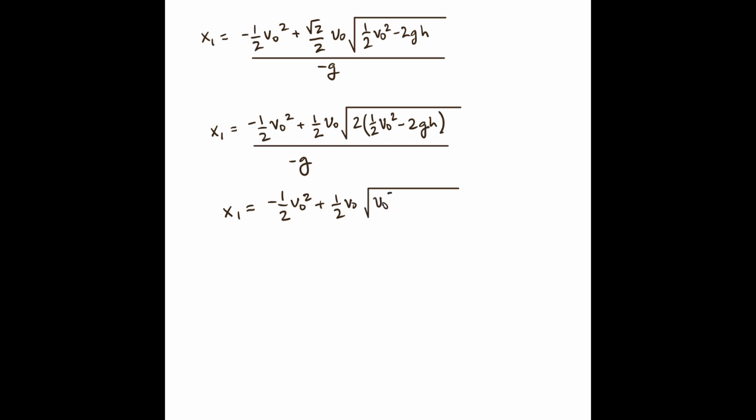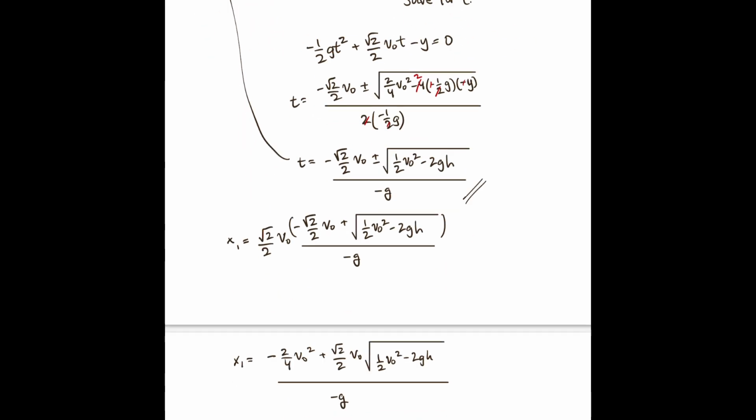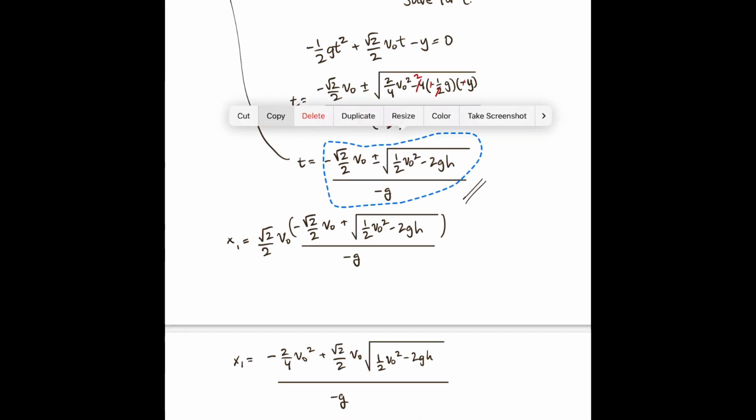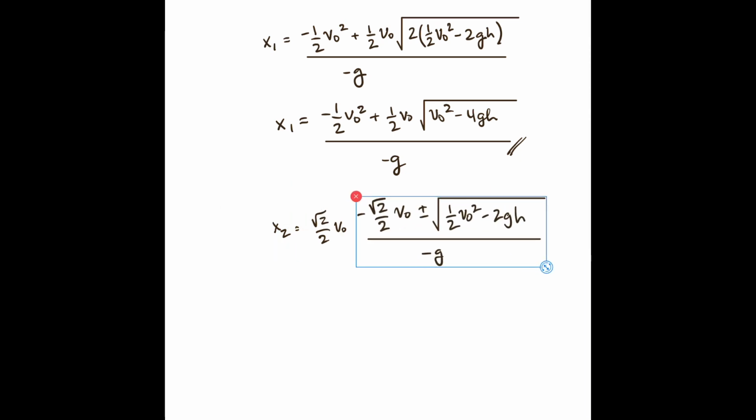Then finally, we'll just write -1/2 v naught squared plus 1/2 v naught square root of v naught squared minus 4gh over -g. And that's our x1. So now we'll do the same exact thing for x2, except we're going to choose the negative answer for t.